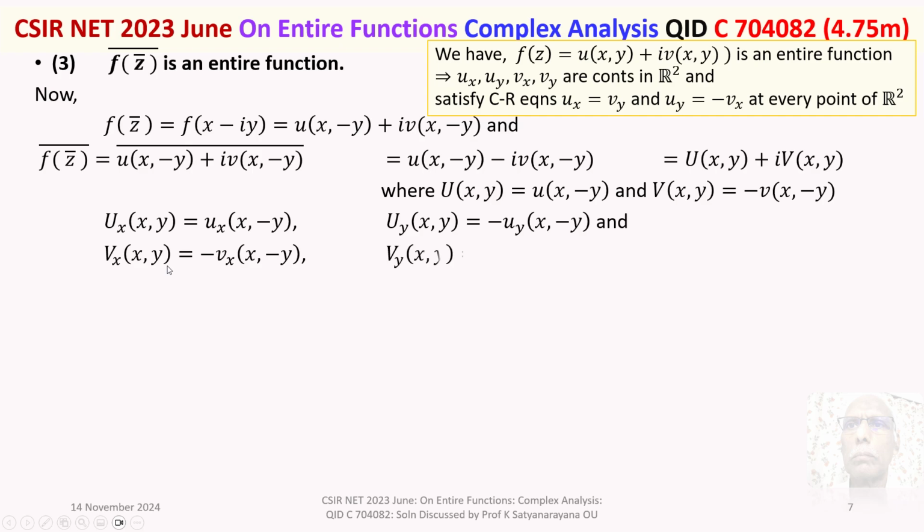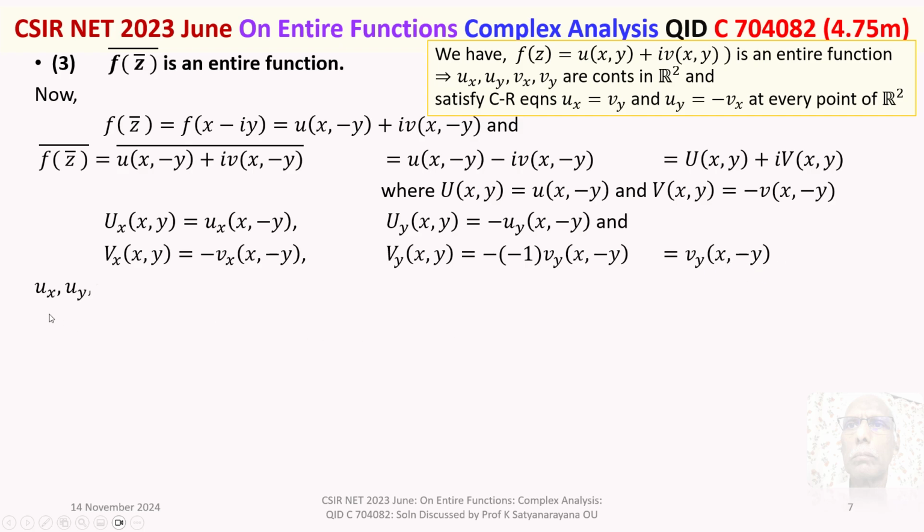Capital V is minus V at x comma minus y. So, the partial derivative with respect to x is minus Vx at x comma minus y. This minus is because in the Cauchy-Riemann equations itself that minus was there. Vy: there is already a minus, minus V at x comma minus y, with respect to y is Vy at x comma minus y times minus 1. So, minus of minus 1 is plus 1, Vy at x comma minus y.